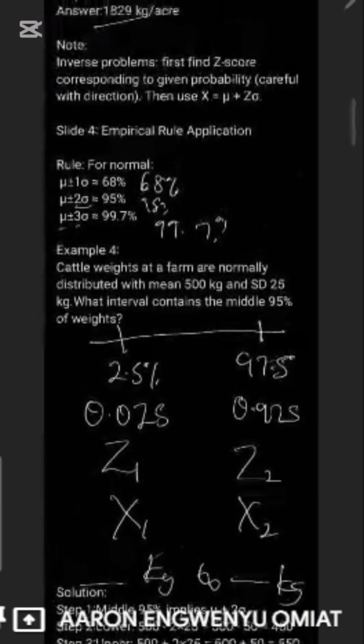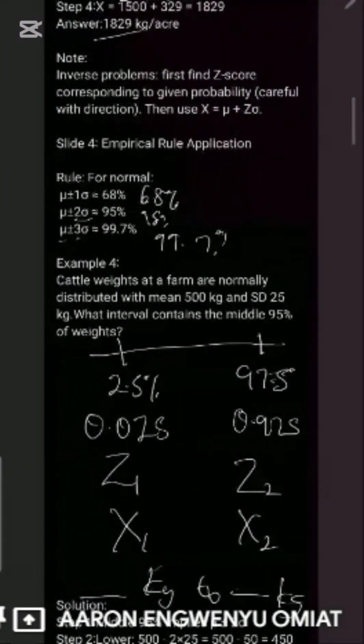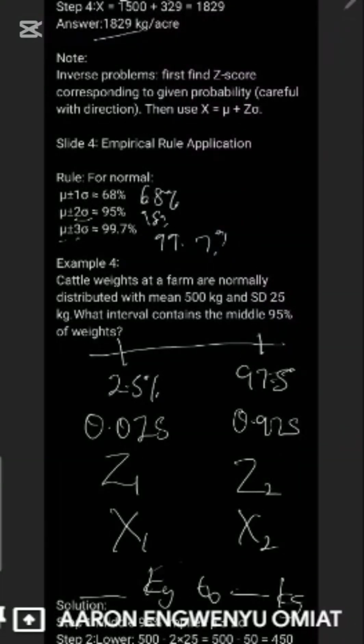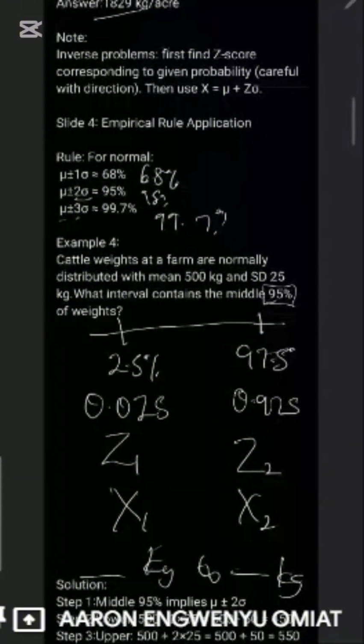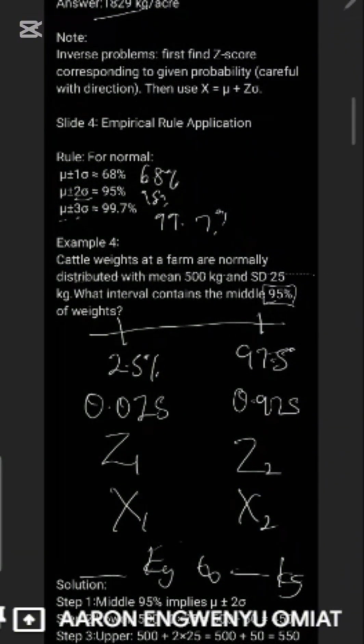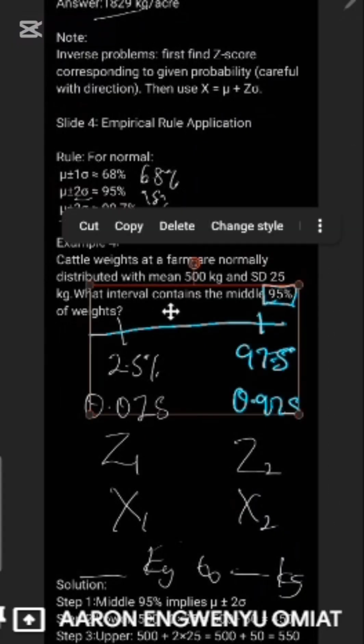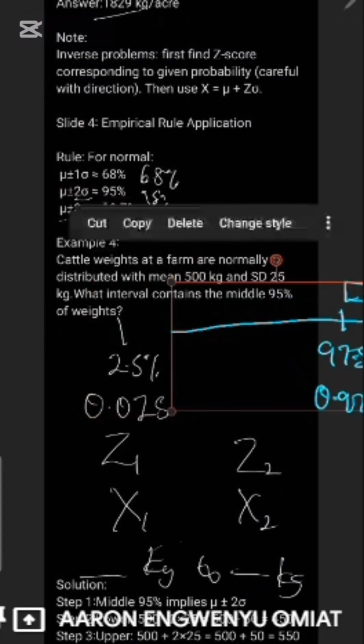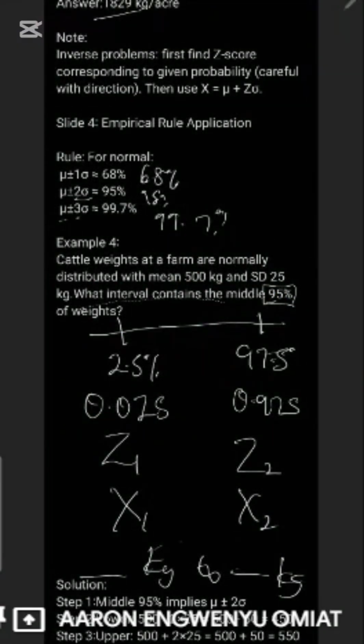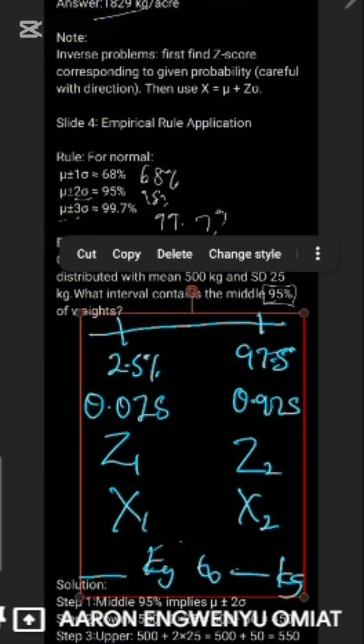But now, with our knowledge of the empirical rule, when we see 95%, we immediately think of two standard deviations. So instead of using this formula, we shall go ahead. Let me put this aside for reference.